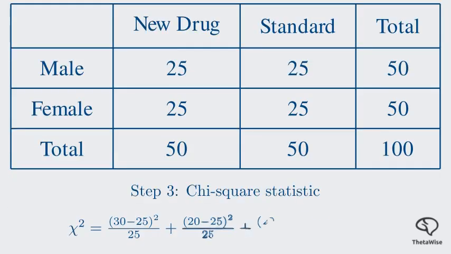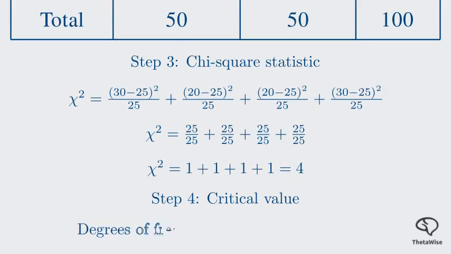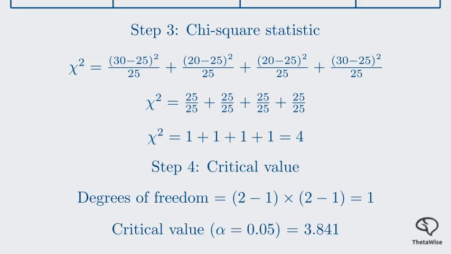Step 3. Chi-square statistic. We calculate the sum of observed minus expected squared divided by expected. This gives us 10, 10, 10, and 10 for a total chi-square of 40. Step 4. Critical value. Degrees of freedom are 2 minus 1 times 2 minus 1, which is 1.